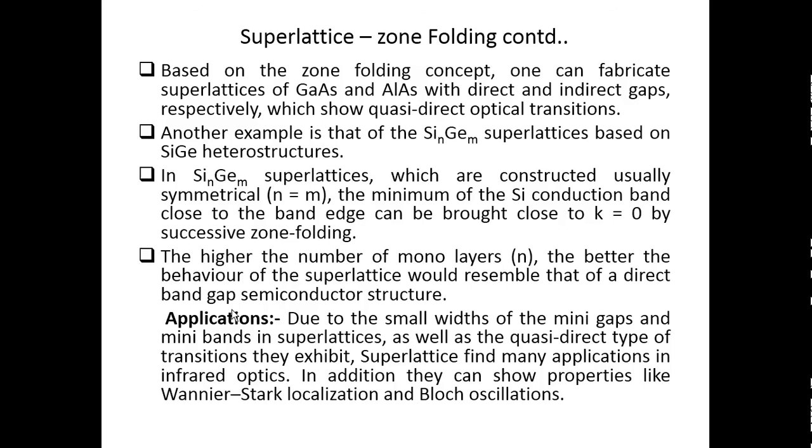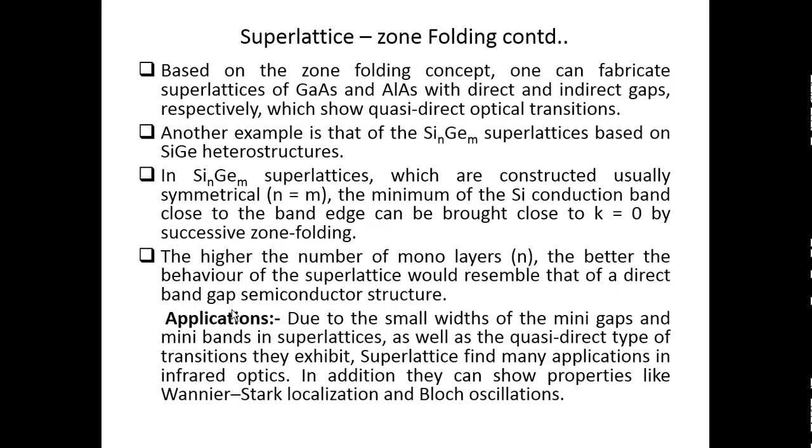Based on the unfolding concept, one can fabricate a superlattice of gallium arsenide and aluminum arsenide, with direct and indirect gaps respectively, which shows quasi-direct optical transmission.